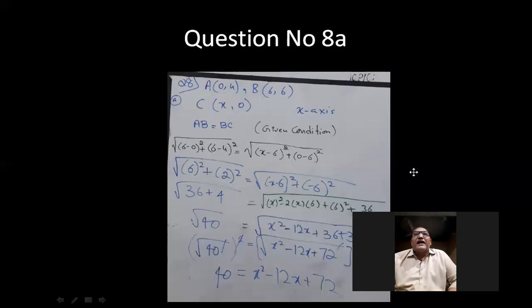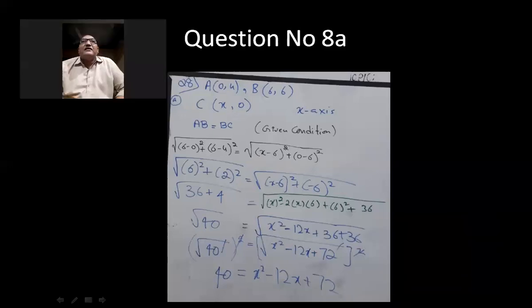x minus 6 whole square, we can open it as (A minus B) whole square. You remember the identity, (A minus B) whole square is A square minus 2AB plus B square. So here we have the square of the first term, minus 2 into first term into second term, plus the square of the second term.